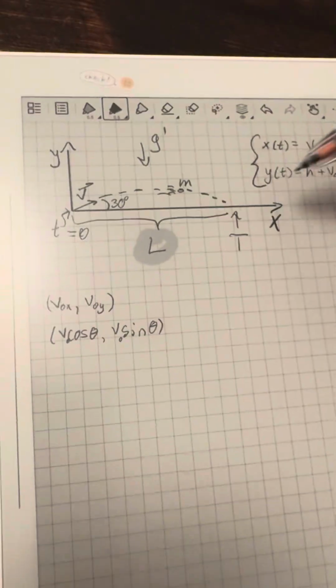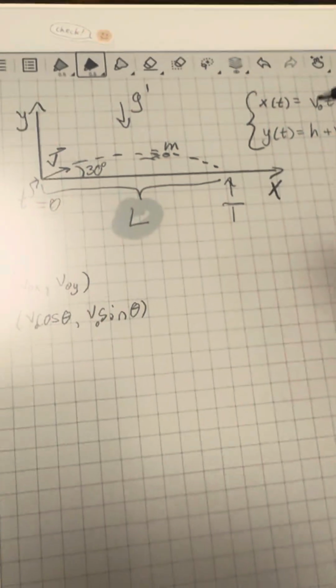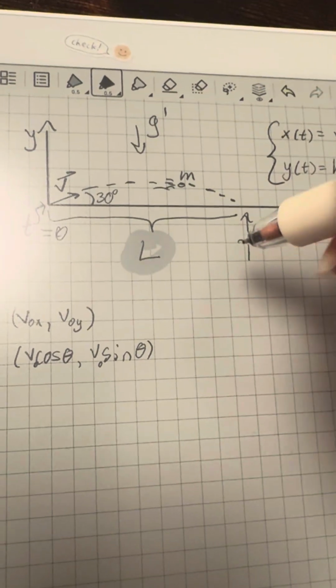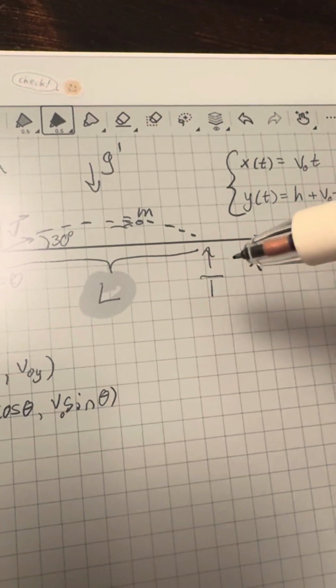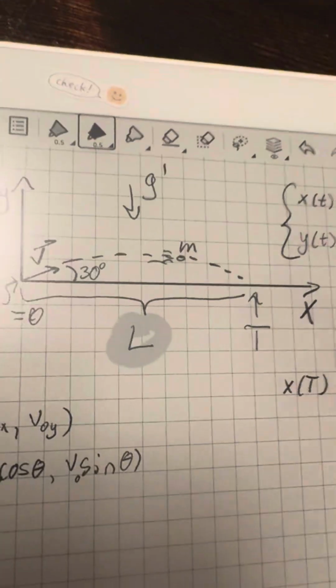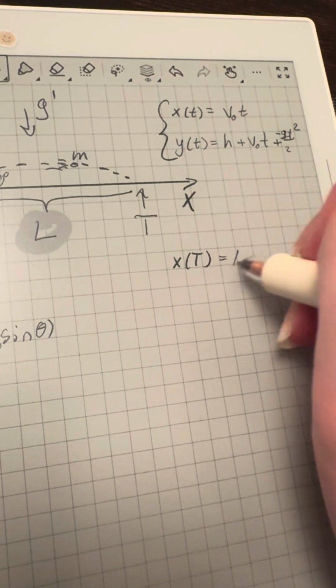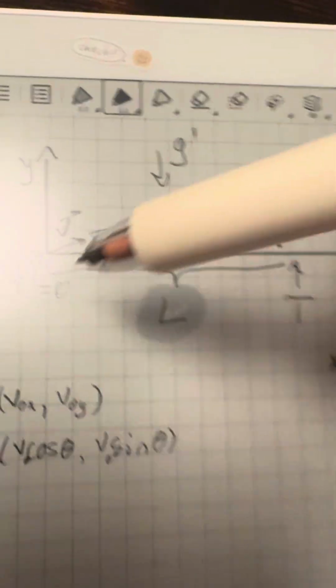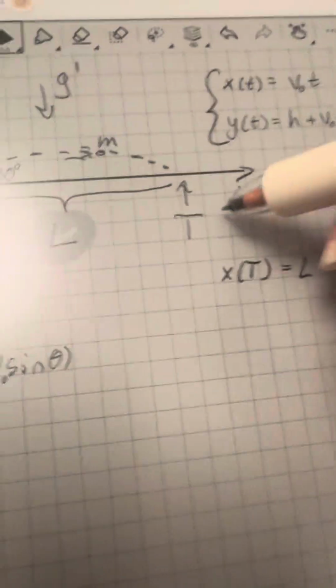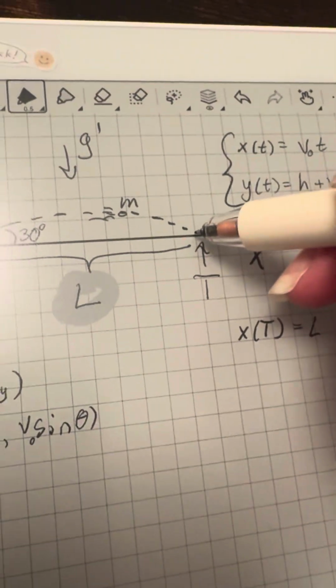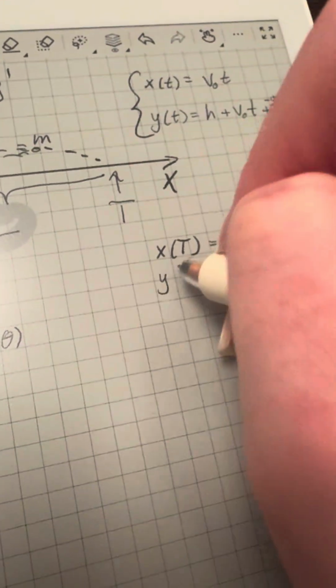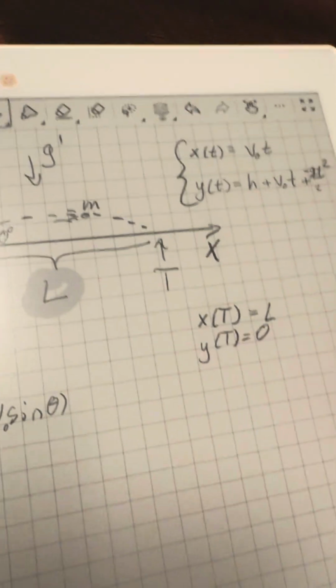And then another part is that we know that at time T we will have that x is L, right? So x(T) will be L, while y will be 0, because here you're on the ground again. So y(T) will be equal to 0.